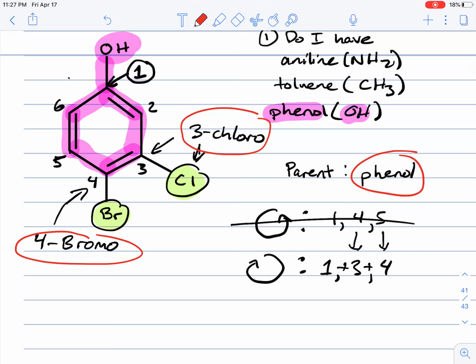And so since B comes before C, the 4-bromo substituent will be named first. Next is going to be the 3-chloro. Then last but not least, it's the parent name phenol.